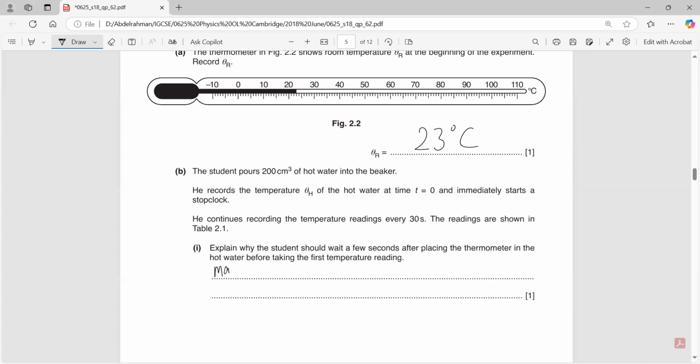Make sure the temperature of the thermometer has reached the temperature of the hot water.